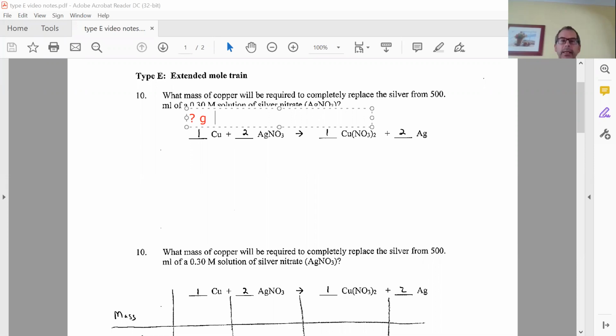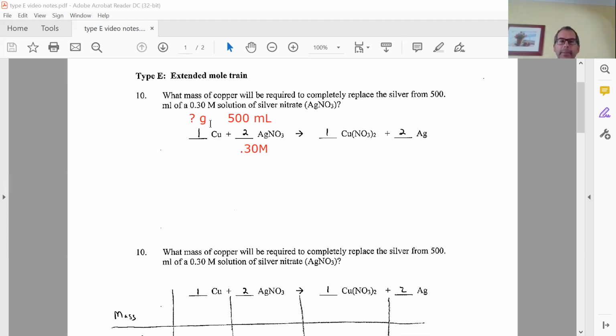And then the second thing I'm asked for, it says 500 milliliters. And it also says 0.30 molar. Both of those things are describing 0.30 molarity, AgNO3.